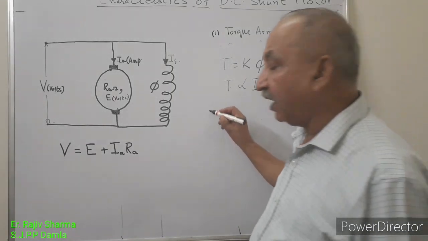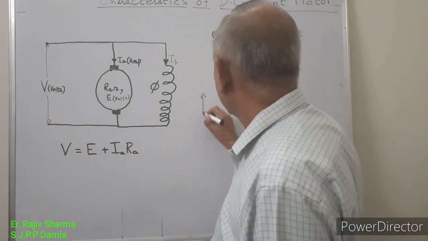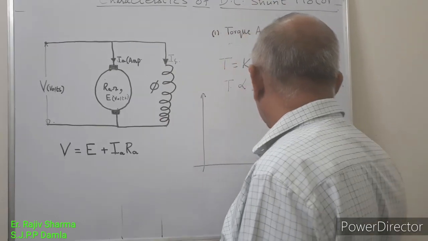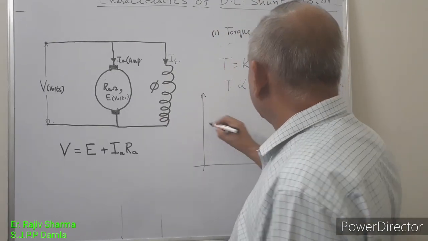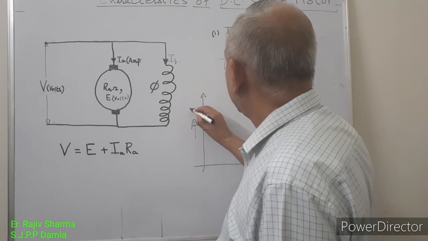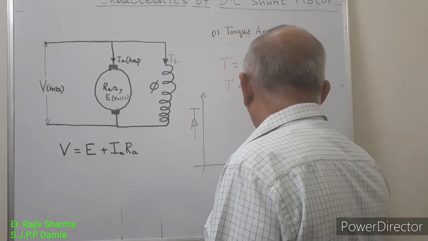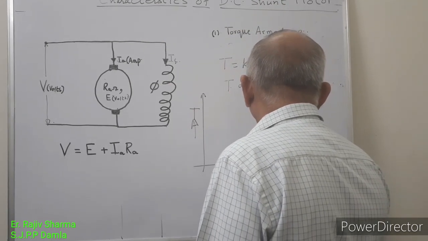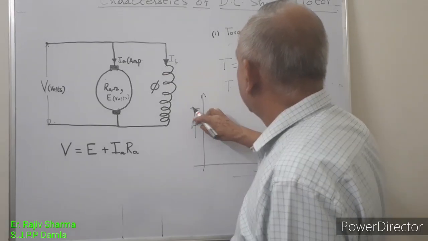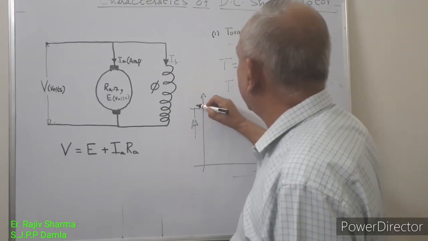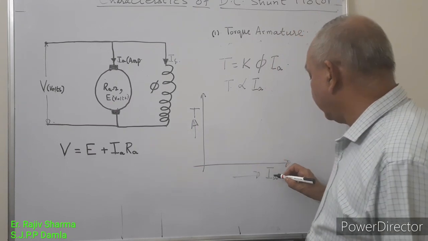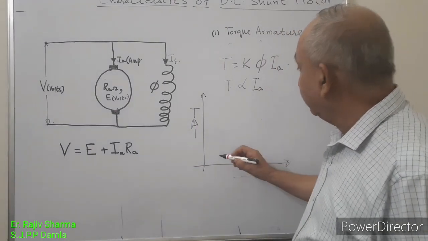If we draw the graph, this is torque, and here we have armature current. Torque is in Newton meters and current is in amperes.